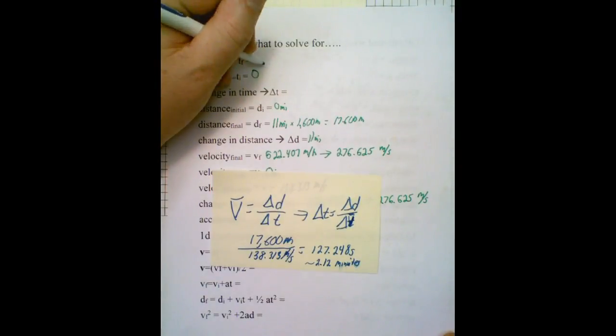So time final is 127.248 seconds. It's also your delta t, which then says, okay, let's look at our laundry list.